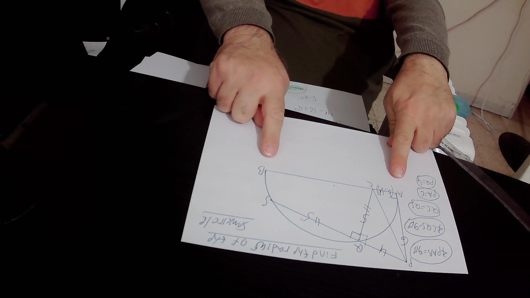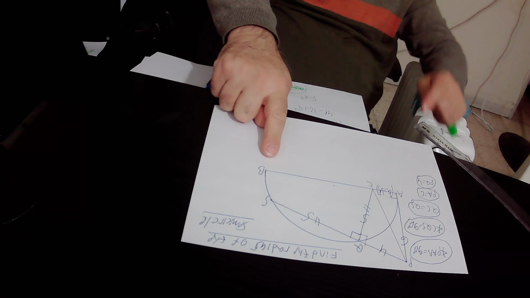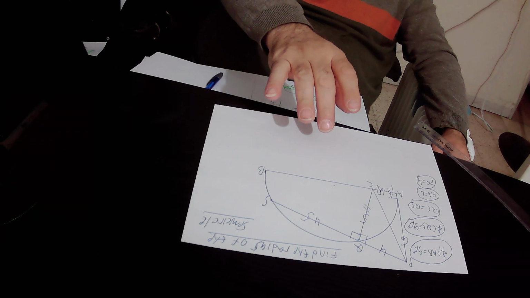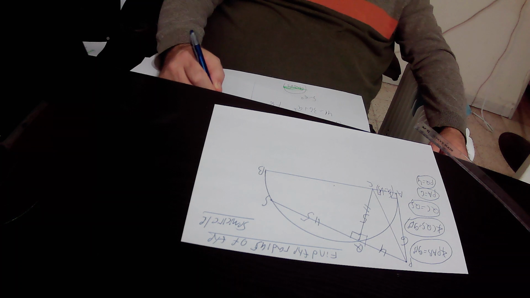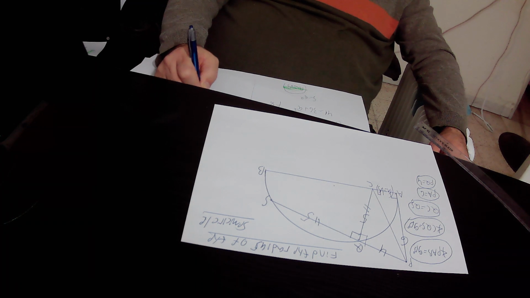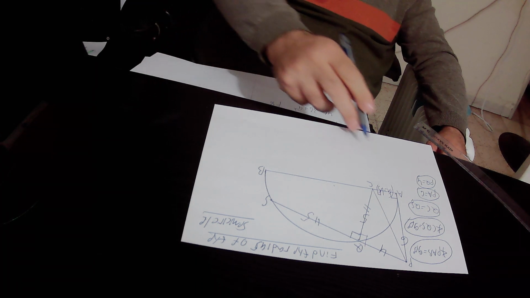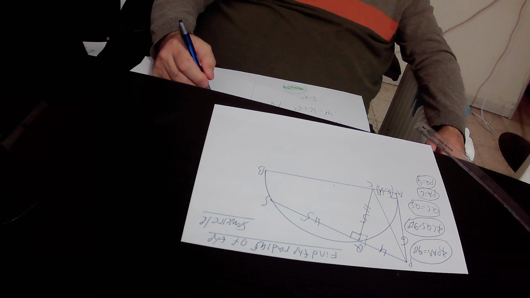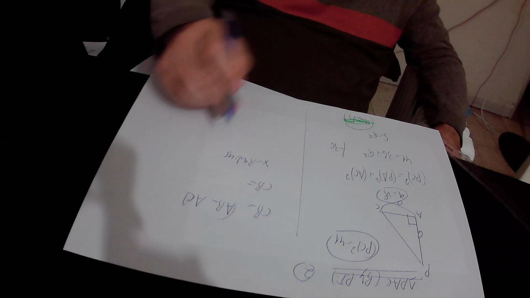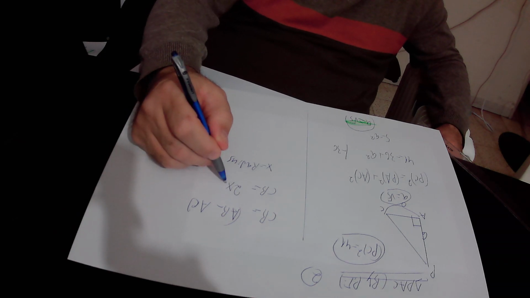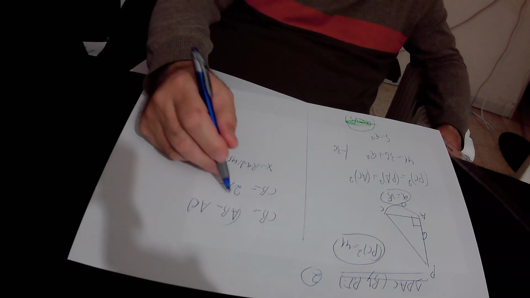AB is the diameter of this semicircle. So we define the radius of this semicircle as x. Therefore the diameter AB must be equal to 2x. So CB equals 2x minus AC.